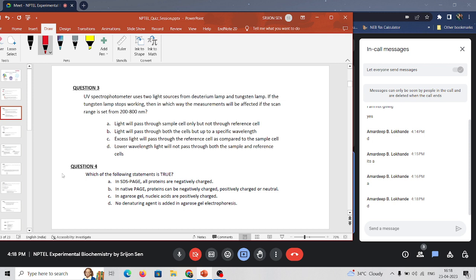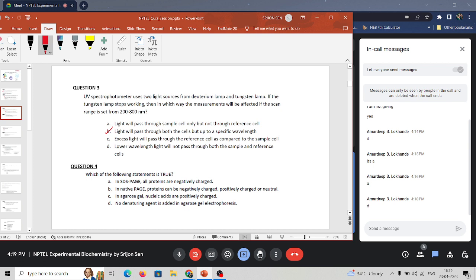You say it's D, that lower wavelength light will not pass through both the sample and the reference cell. No, that is not the correct answer. The correct answer here is that your light will pass through both the cells but only up to a specific wavelength, because one of your lamps has stopped working. The deuterium lamp works for the UV and the tungsten lamp works for the visible range.